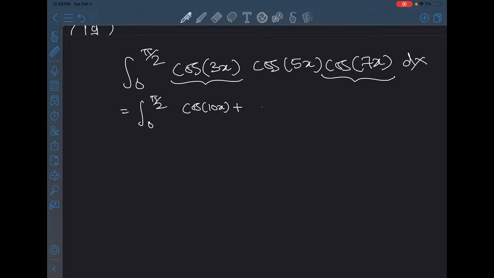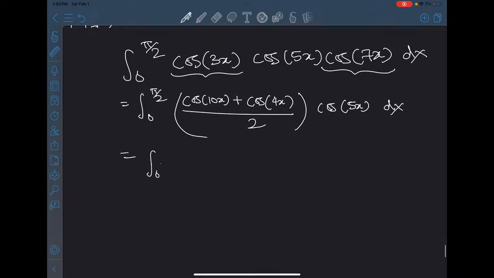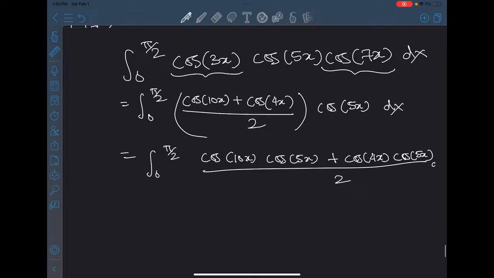Okay, now this is cos of 4x by 2, right? Basically 7x minus 3x and 7x plus 3x times cos 5x dx, right? So now this is the integral from 0 to pi by 2 of cos 10x cos 5x plus cos 4x cos 5x over 2 dx, right?